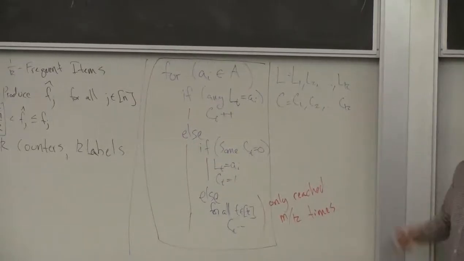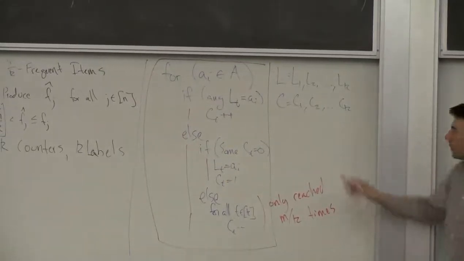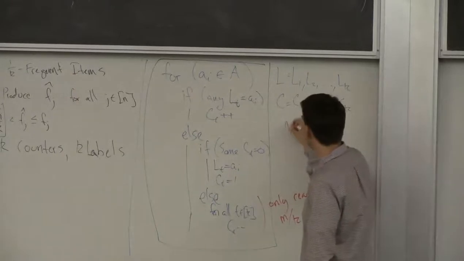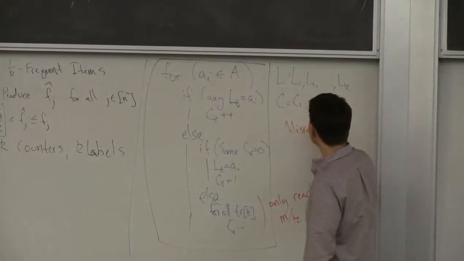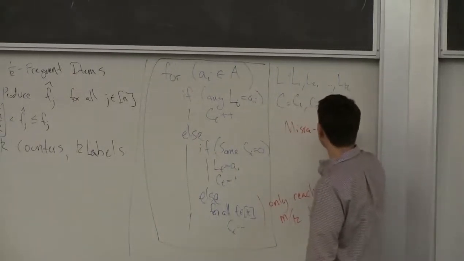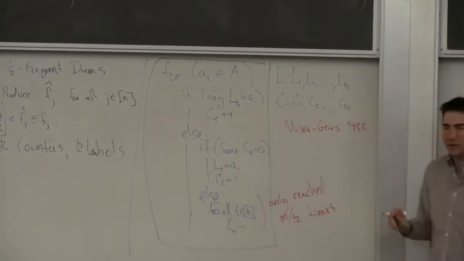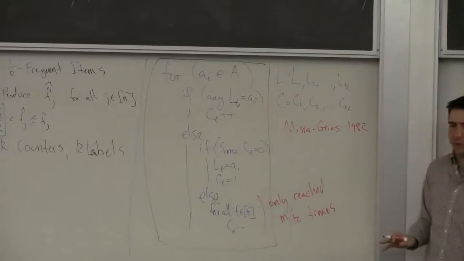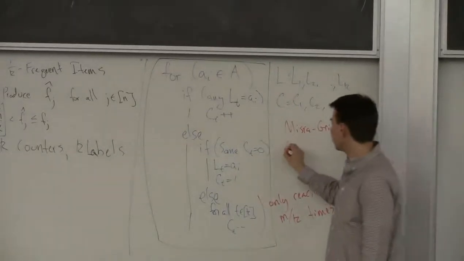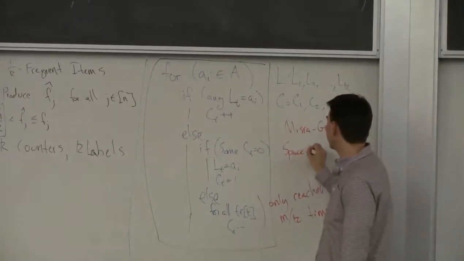Okay, so if you're doing streaming algorithms, this was an algorithm by Misra and Gries in 1982. There's an algorithm that works slightly better in practice that's called the space-saving algorithm.